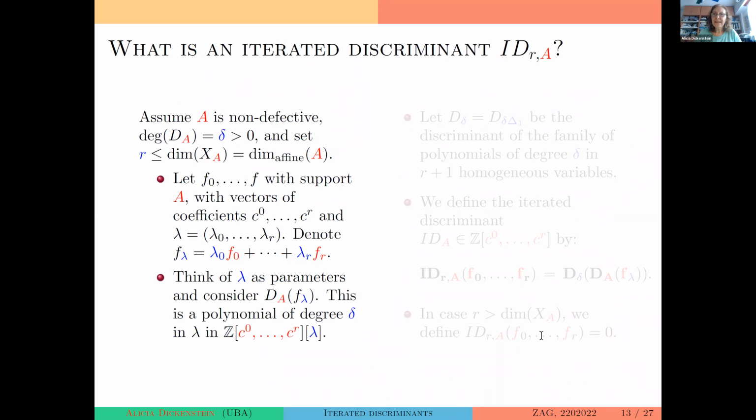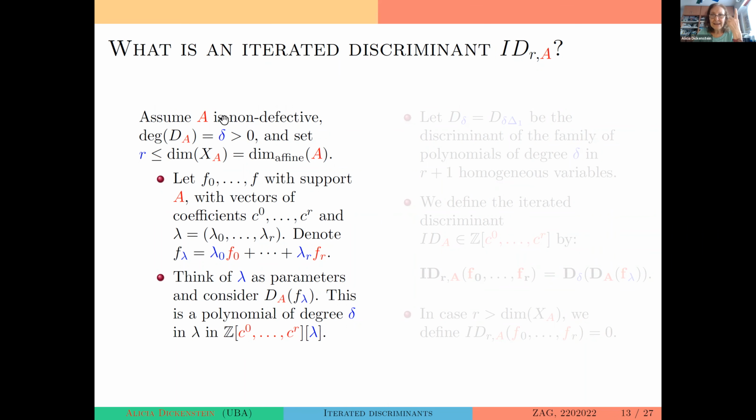And what is an iterated discriminant? Again, the input is A, which is the set of exponents of the polynomials in my family, and this integer r. And I need to assume that A is non-defective. This means that the codimension of the dual variety is 1. So we have this equation D_A, which has some positive degree that I'm going to call delta.